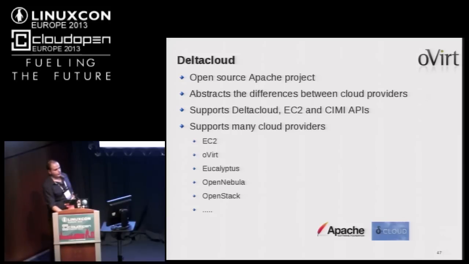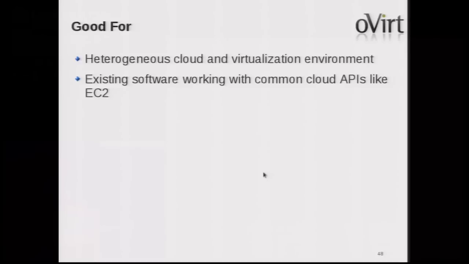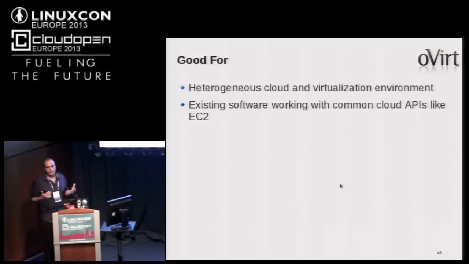The latter two are not fully complete, but a lot of options are in there. So basically, if you have an environment with a lot of different cloud providers or virtualization providers you use, and you would like to work with a common set of APIs on top of that, then you can use Delta Cloud. It supports oVirt as well.